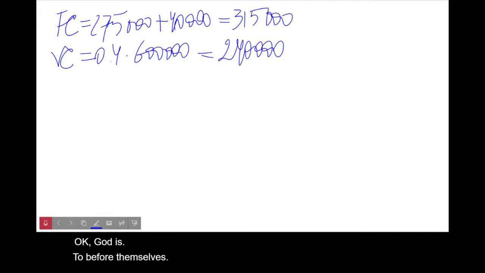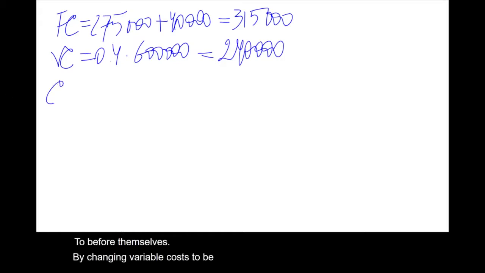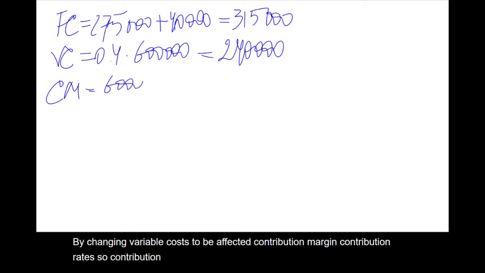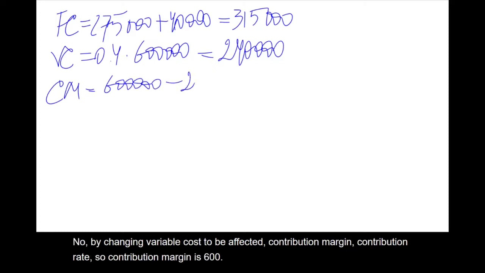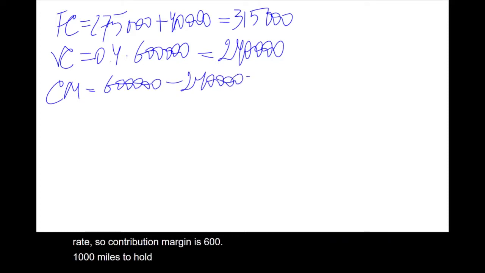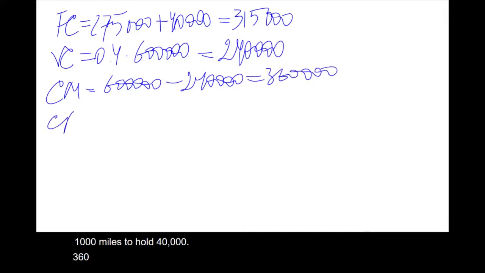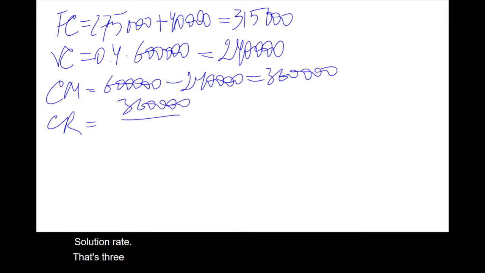Now, by changing variable cost, we affected contribution margin and contribution rate. So contribution margin is 600,000 minus 240,000, 360,000. Contribution rate, that's 360 over 600, it should be 60%. Okay, yes it is.